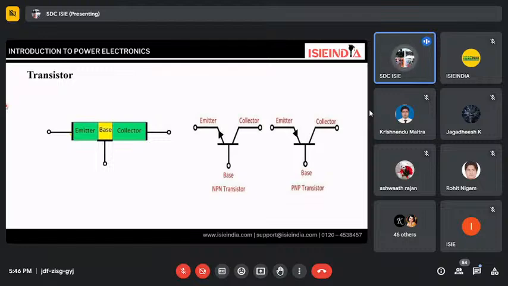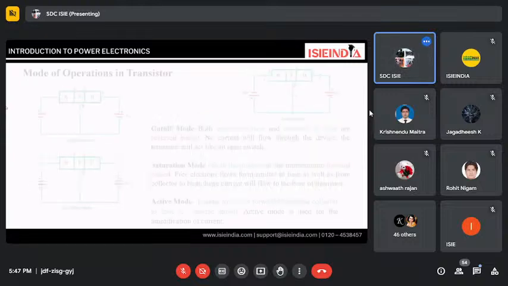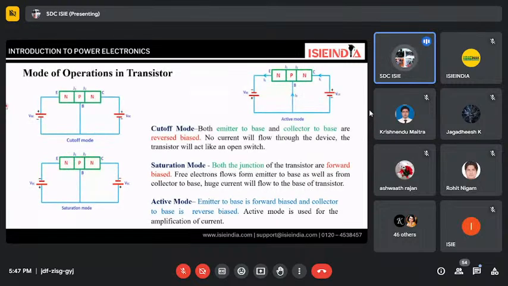NPN type and PNP type means in NPN type, N semiconductor, then again P semiconductor, and again N semiconductor. So basically it consists of two diodes, and they are working for the amplification of signals and for switching operations. Like we are having cutoff mode, saturation mode, and active mode.